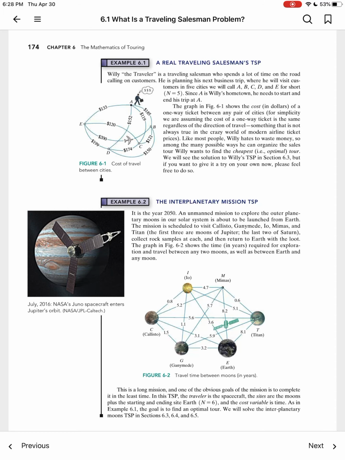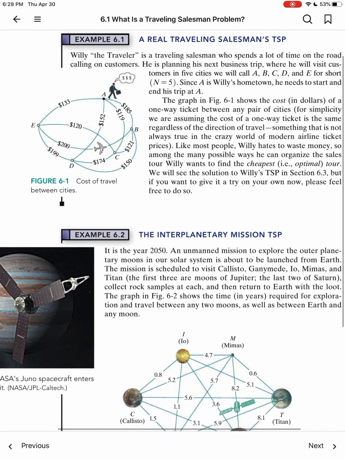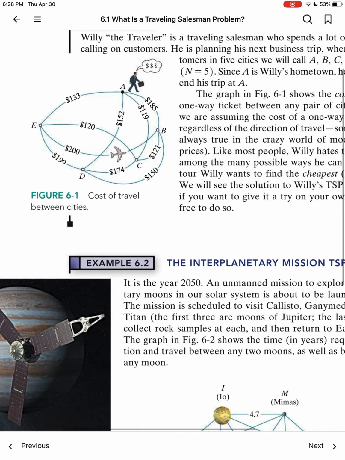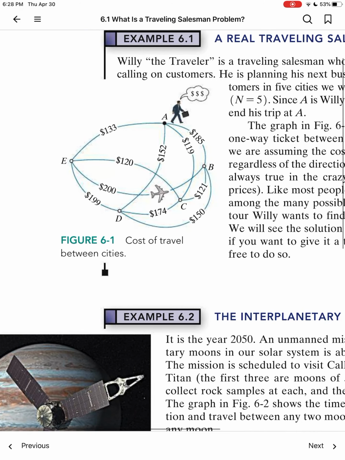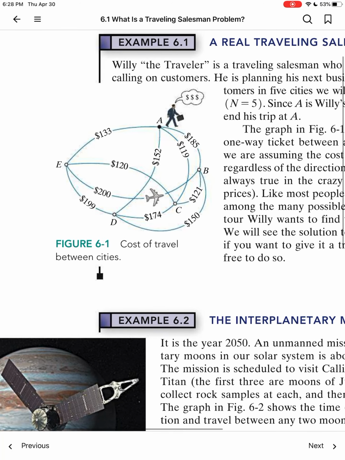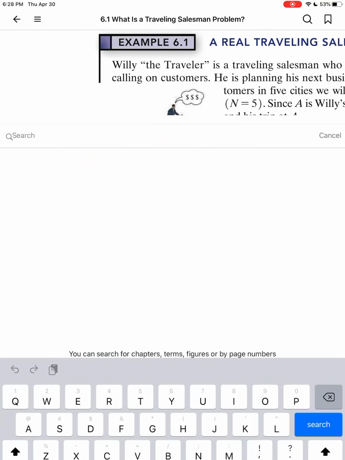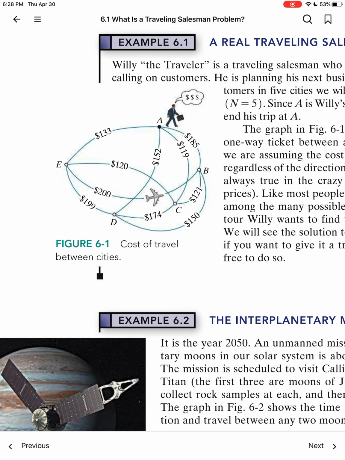So this is the example that I was using, and I think I took the prices directly from this graph. So if you take a look at this, it looks super different than my K5, but in fact you can see that indeed we still have vertices A, B, C, D, and E. That's 5 of them.